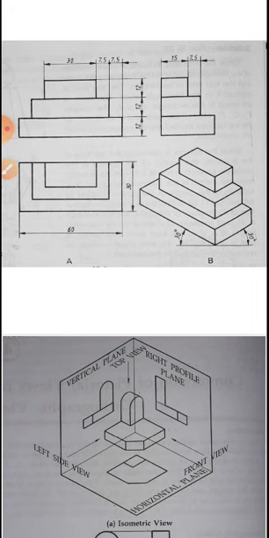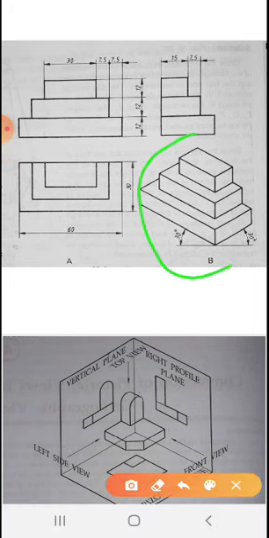You can observe this is diagram B. This object is nothing but a pictorial view, or you can call it an isometric view, and it is also known as 3D, three dimensional.